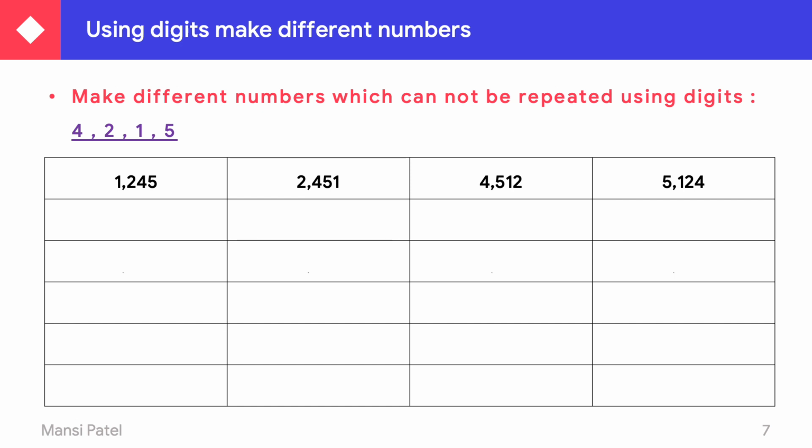5124. Now you have to apply rule number 2, which is that you have to just change the place of tens and ones only.